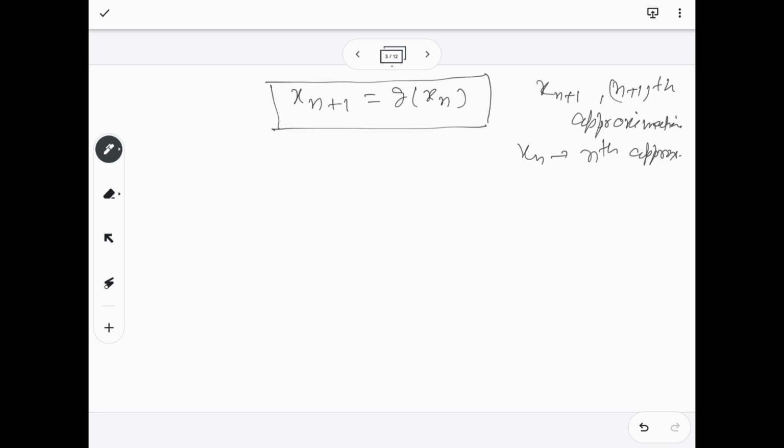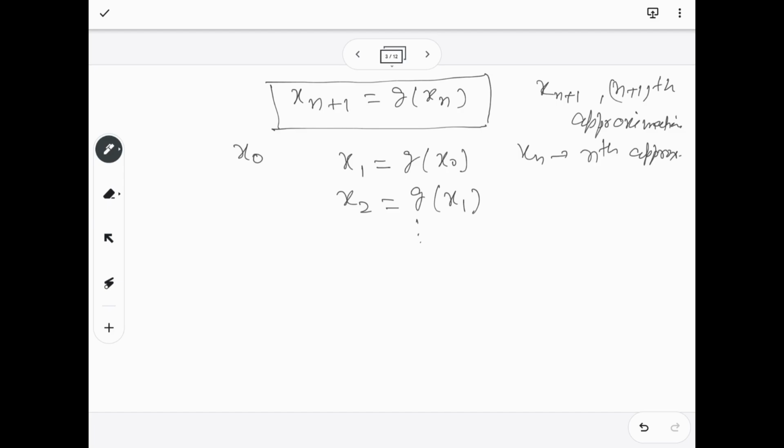So it means we can find the (n+1)th approximation from the nth approximation. For example, let us consider the initial approximation to be x naught. Then the first approximation x1 can be obtained via this relationship. Similarly, we can obtain another approximation from the previous approximation, and this way we proceed.